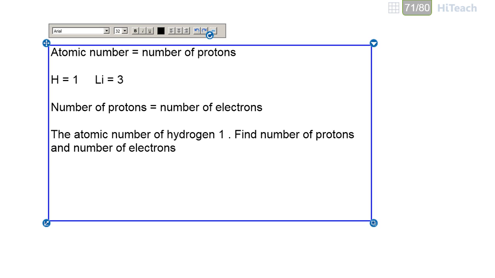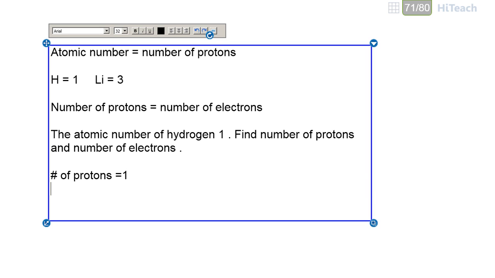I know that the atomic number is equal to the number of protons, so the number of protons in hydrogen equals 1, right?